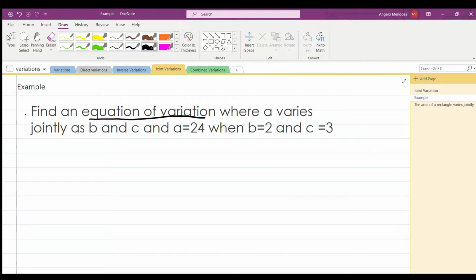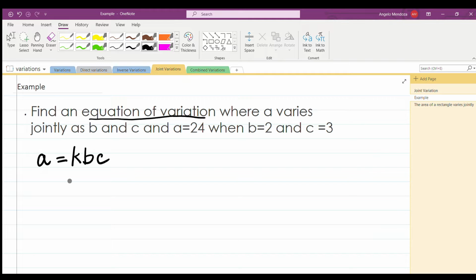Technically, we must have the mastery on how to write or translate verbal statements into mathematical equations. So you have k, b, and c, and a is equal to kbc as your translation.